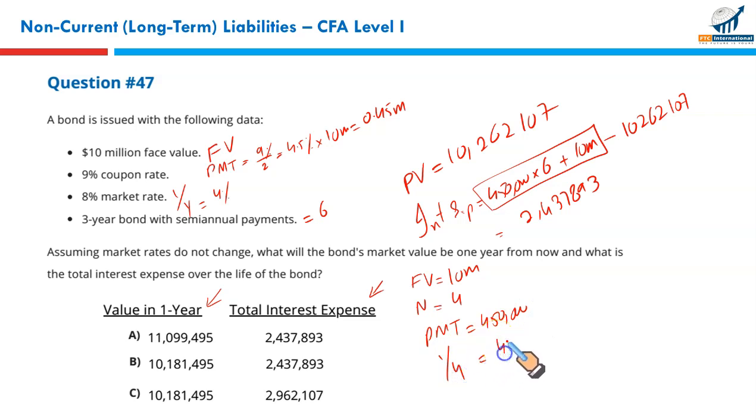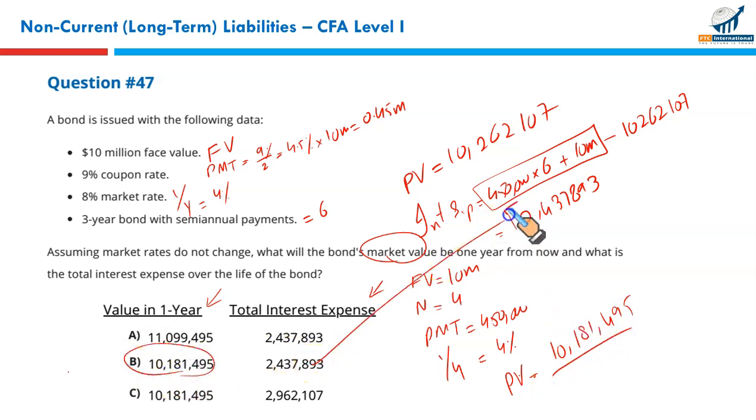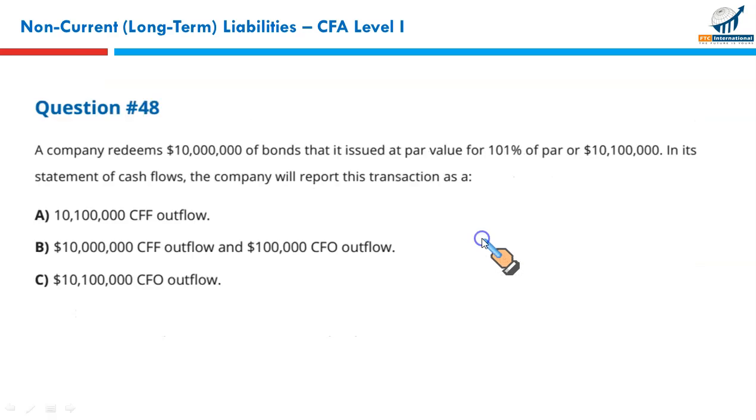Effective interest rate 4%. Plug in these numbers. You will get the market value of the bond at the end of year 1. This PV at the end of year 1 is the market value at the end of year 1. So it's going to be 10,181,495, and that perfectly matches with option B, and that makes B the right answer.